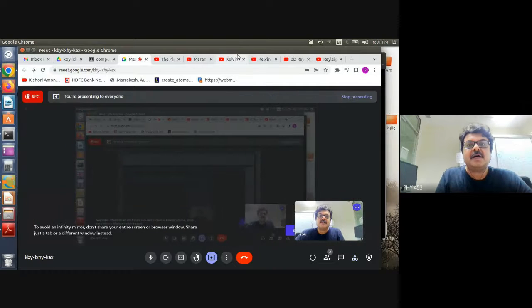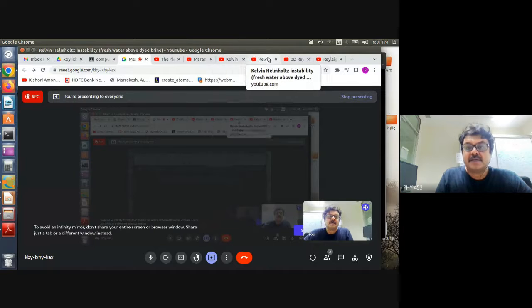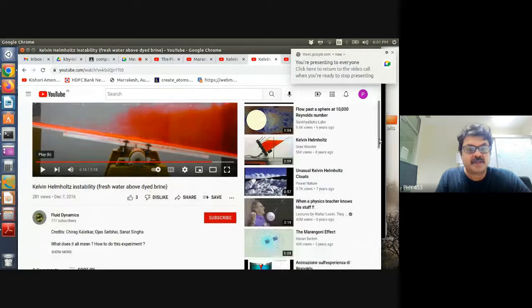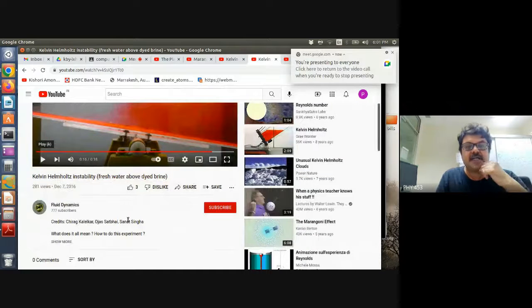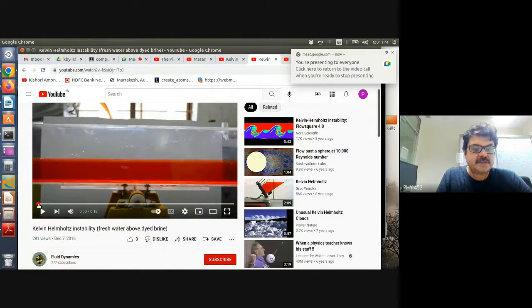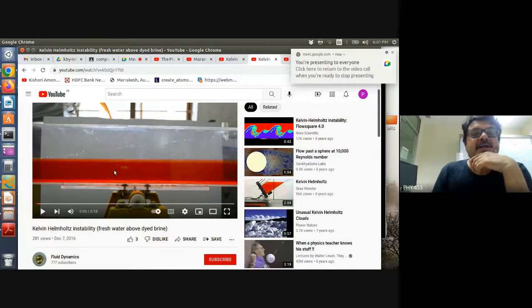Okay, and it can also be seen in the lab. This is by my friend Chirag Kalilkar from IIT Kharagpur, and he set up this experiment in the lab to see Kelvin-Helmholtz instability. Here you see two liquids, the higher density liquid on the bottom and the lower density liquid on the top, and this interface is being maintained.